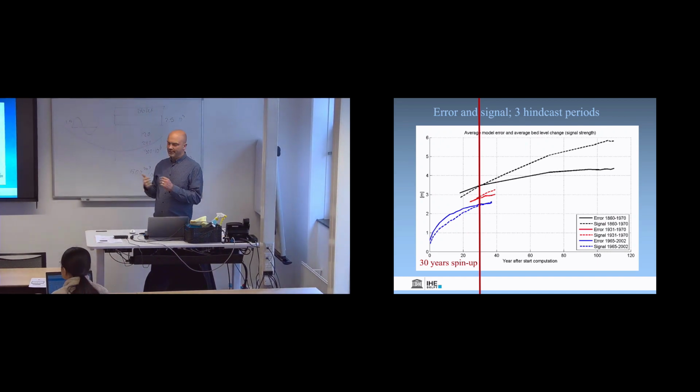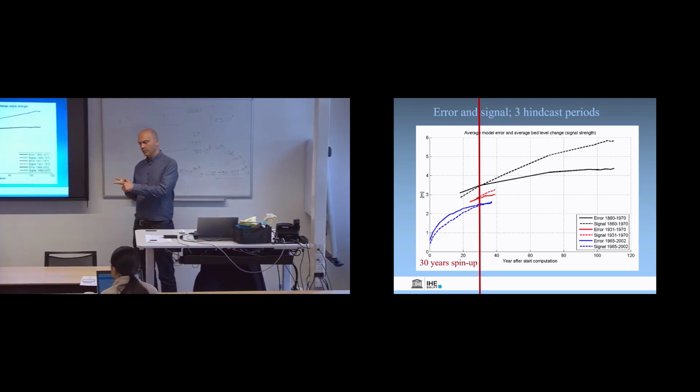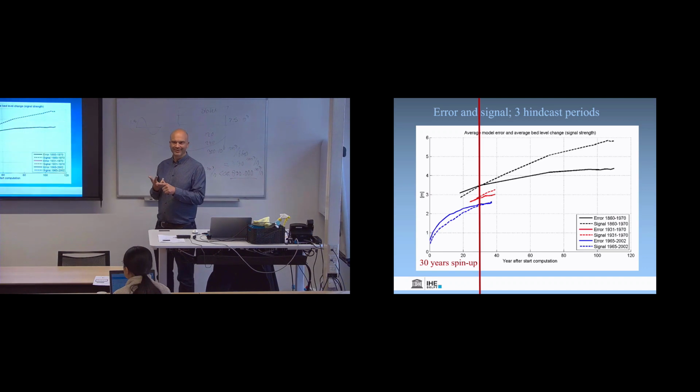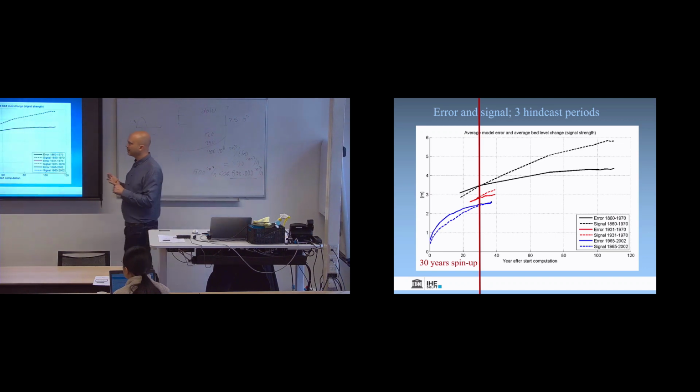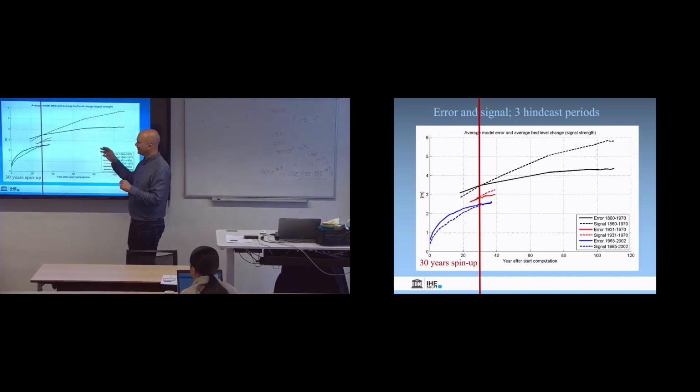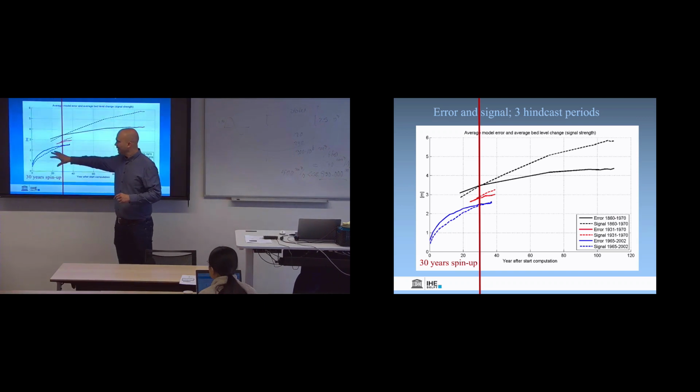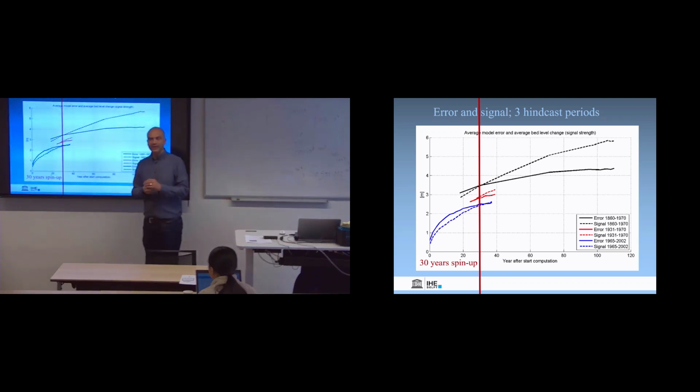There's two explanations for that. One is we don't take into account sediment grading, wind waves, storms, maybe neap spring tidal cycle. And that's why the model makes an error.